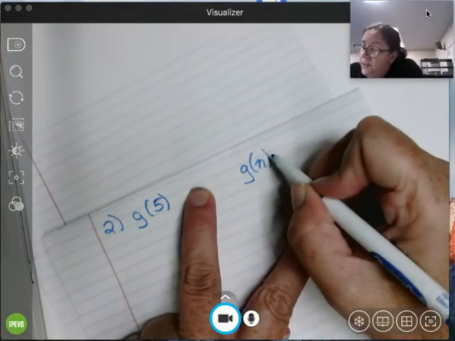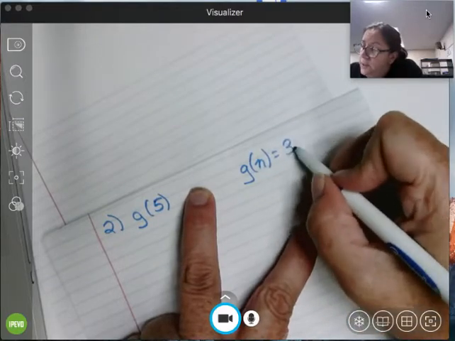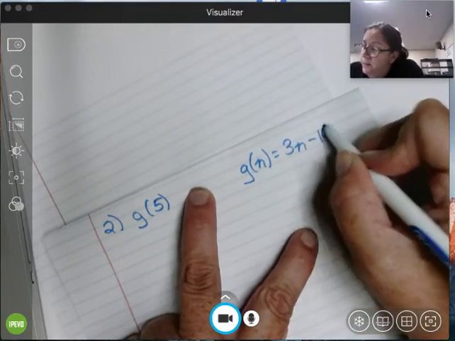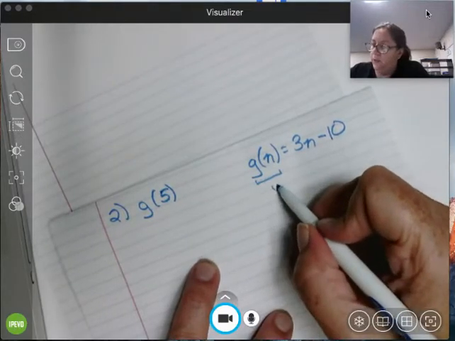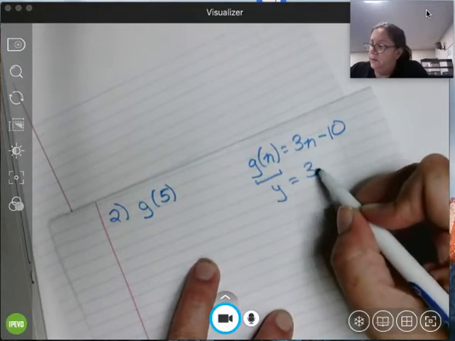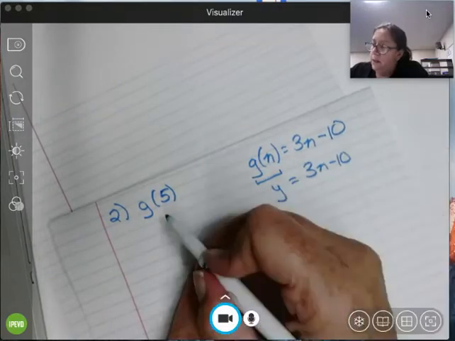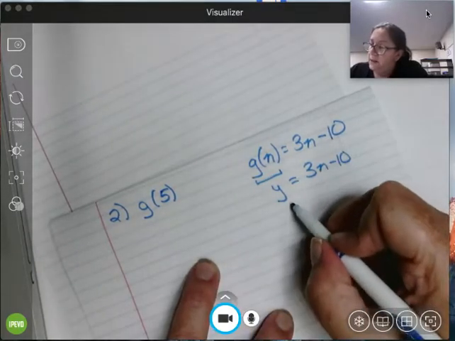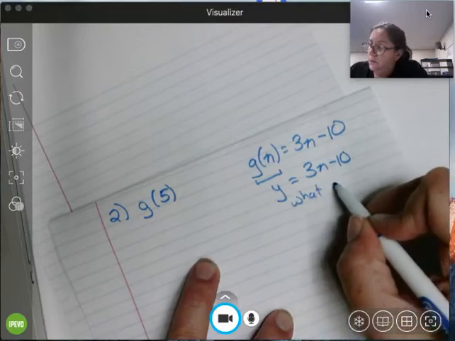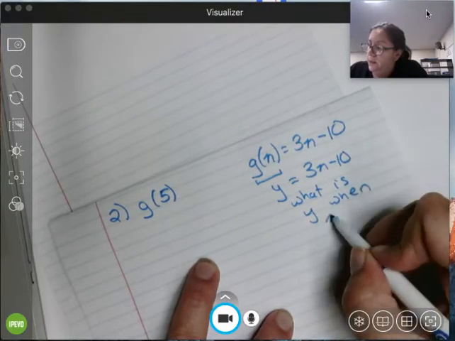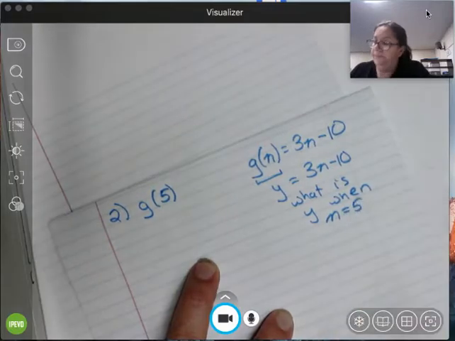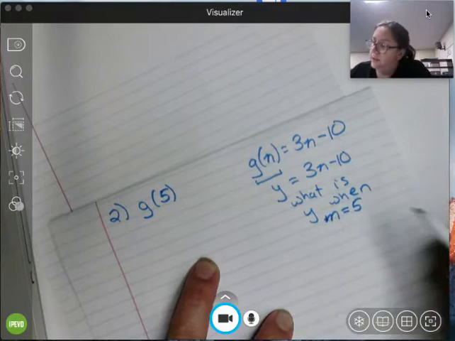They said g of n equals 3n minus 10. Remember, g of n is just a fancy way to write y equals 3n minus 10. And what g of 5 is asking is, what is y when n equals 5?